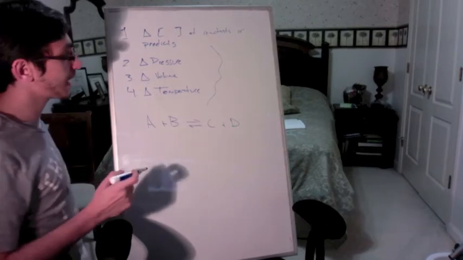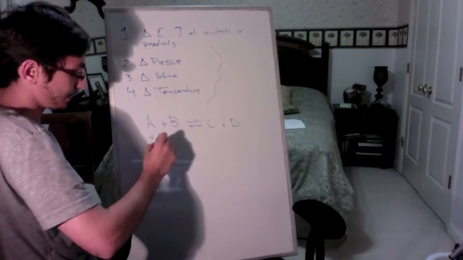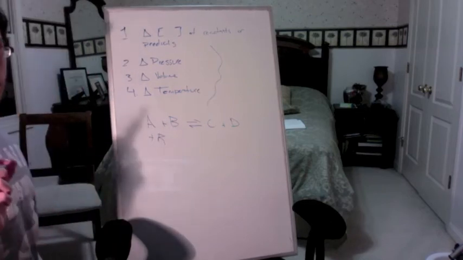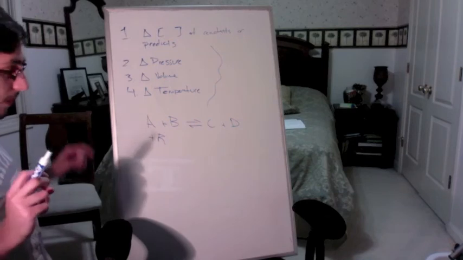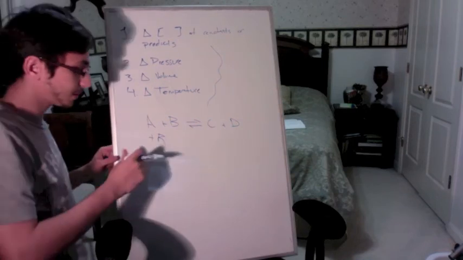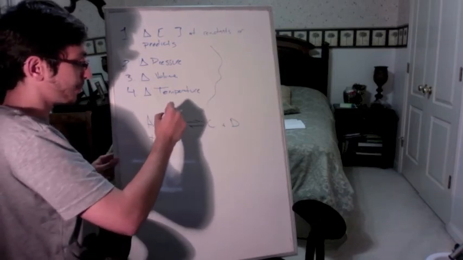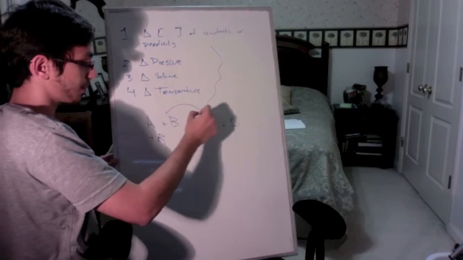So if a reaction is at equilibrium and you add reactants, in order for that reaction to go back to its equilibrium concentrations, logically, the added reactants must be consumed and products produced.